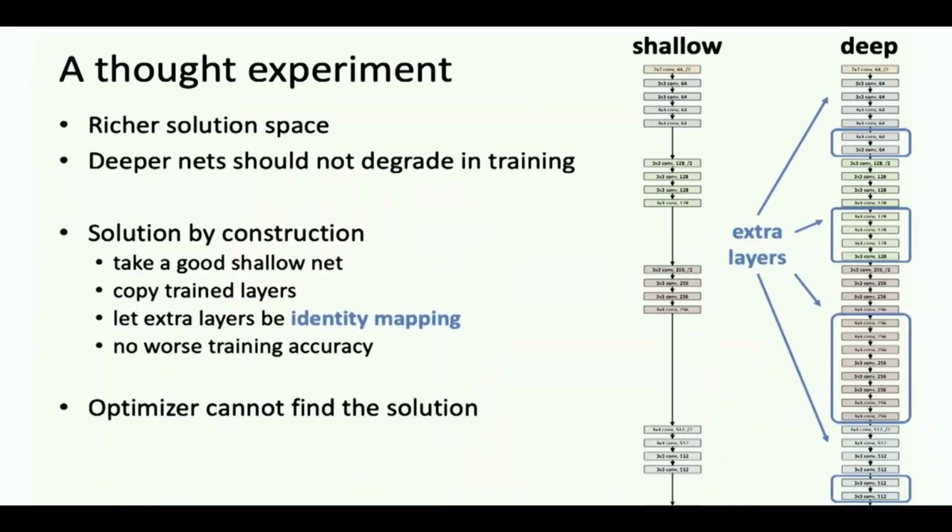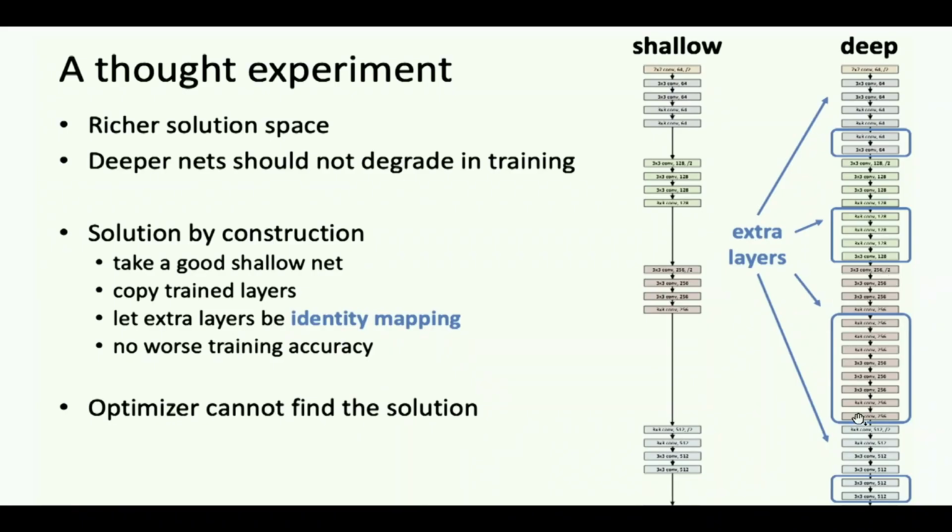Before we introduce the network, we want to do a thought experiment. If we have a shallow network with fewer layers, and a deep neural network, the deep network can be considered as the shallow network with additional layers in between.